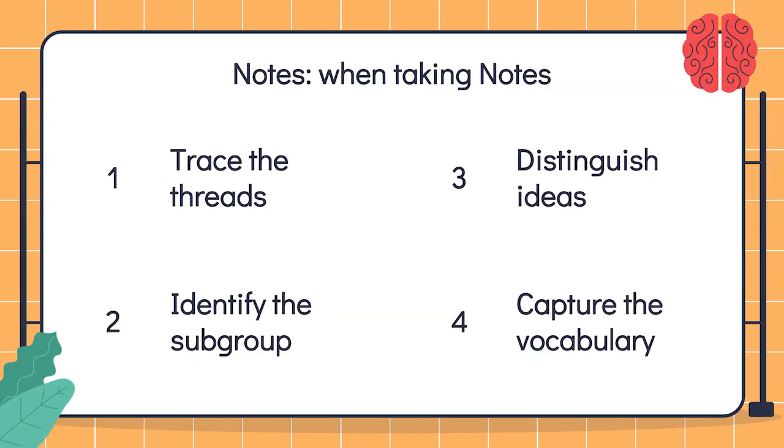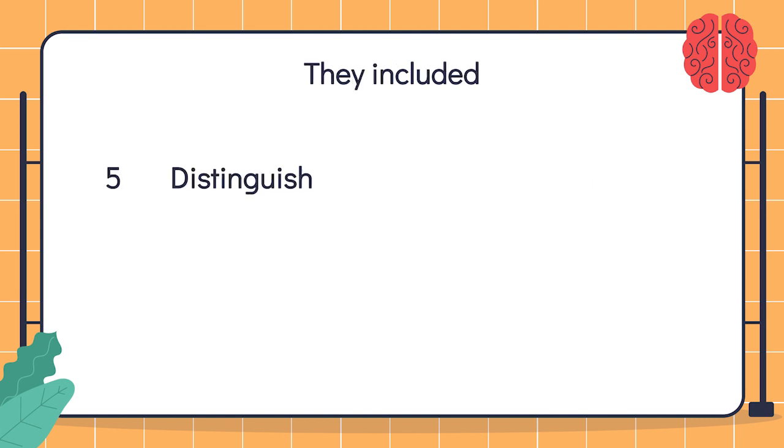Trace the threads of an idea throughout the discussion. 2. Identify the subgroup or individual to whom an idea is important. 3. Distinguish between ideas held in common from those held by individuals. 4. Capture the vocabulary and style of the group. 5. Distinguish, if possible, among perceptions, feelings, and insights.